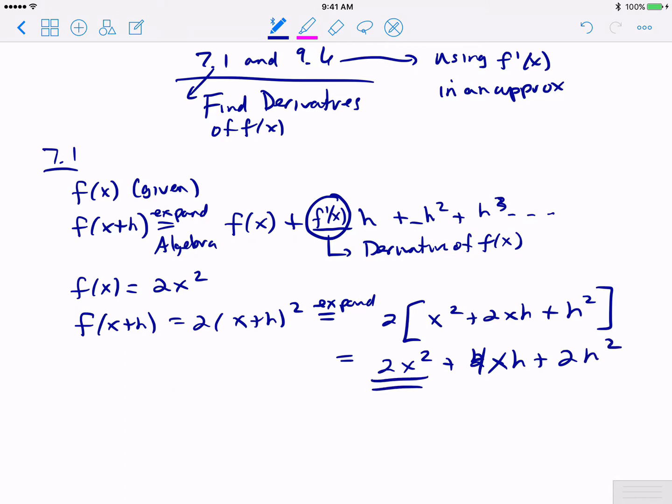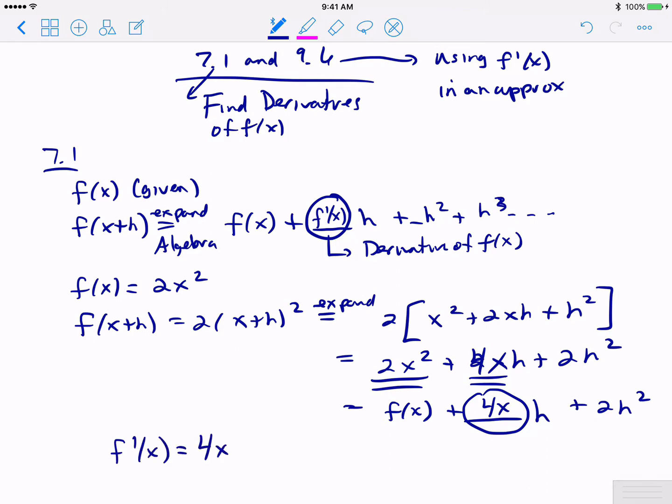And as promised, 2x squared was your function f of x. 4x is the function in front of the h term, and it is the 4x which we are calling f prime of x. 4x is called the derivative of the function f of x equal to 2x squared.